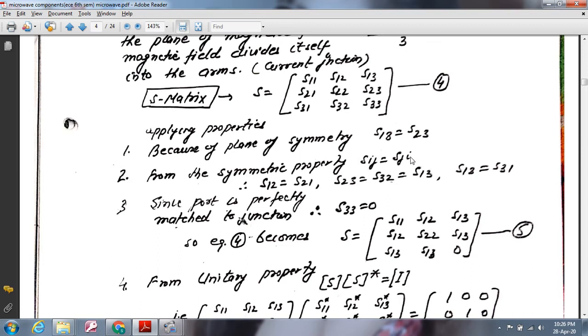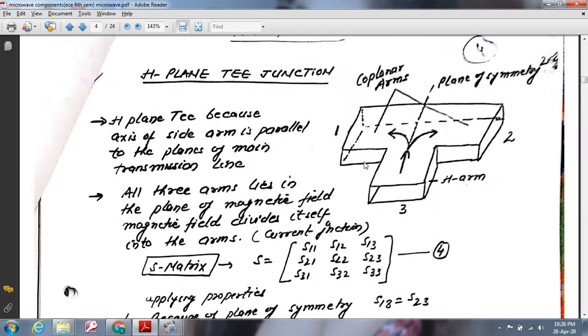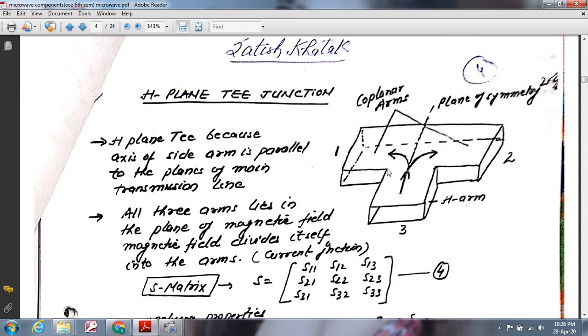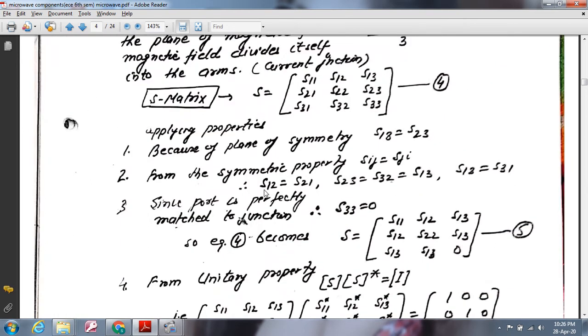If we apply this symmetrical property in this particular case, the H plane T, then we get S12 equal to S21, S23 equal to S32, and because S23 is also equal to S13, we can say S32 will also be equal to S13, and S13 will be equal to S31. These are the outputs which we get when we apply the symmetrical property of the square matrix, the S matrix.